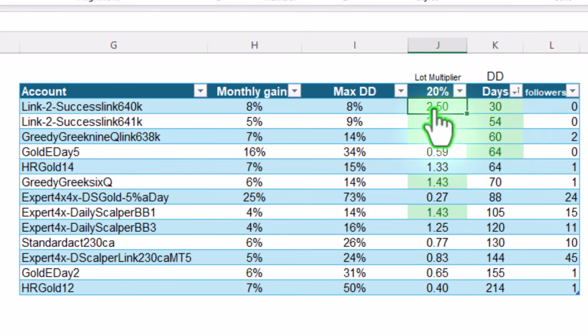This one's got a really good lot size ratio, and this one's got a really good drawdown ratio. If you can combine those two, then that's great. That one doesn't, because that one is actually going below. It's got a very low lot size multiplier.